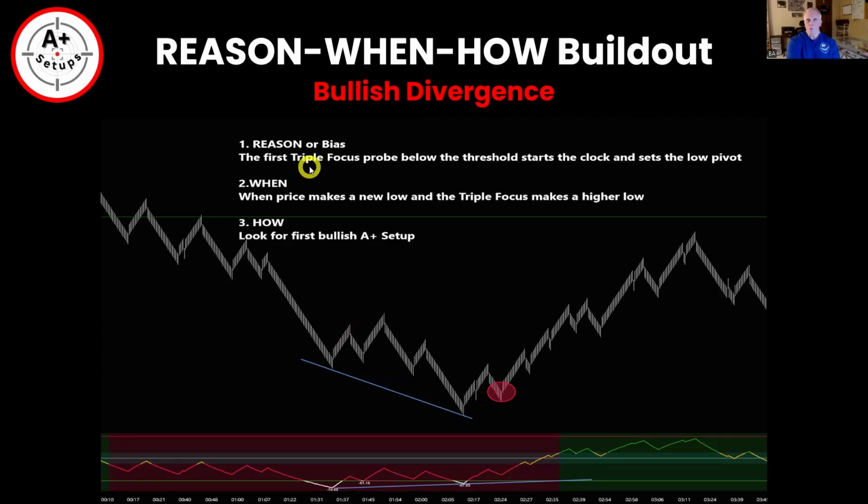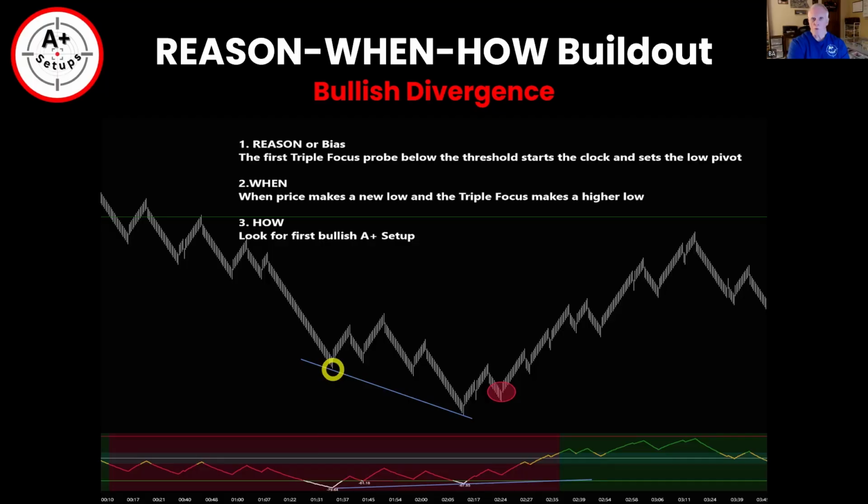In layer one, what we're always looking for is a reason to look long or short. For the triple focus, the reason is when the first triple focus probe below the threshold occurs, it starts to clock and it sets the low pivot. Here you can see, I've got my camera in the way, but right there was the low mark in the triple focus, and it coincided with where the clock starts.